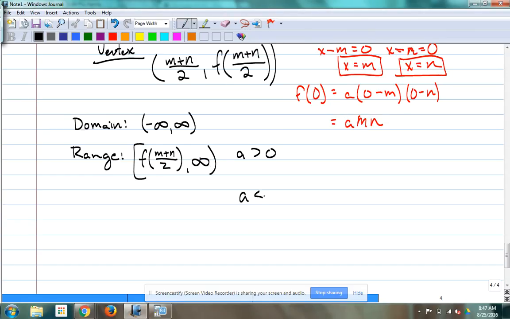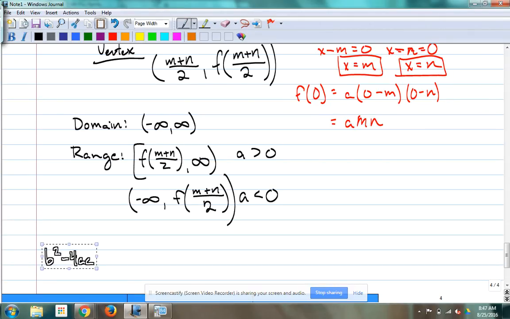If A is less than 0, it's negative infinity to whatever the y value of our vertex is. So A is always going to tell you which way it opens, and what's going to happen with your range.